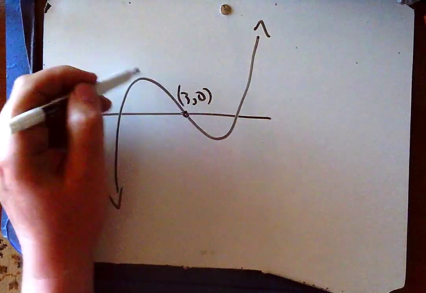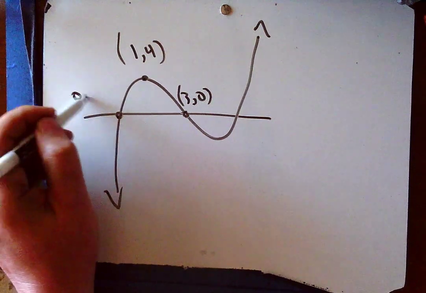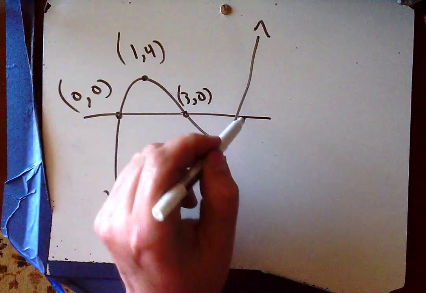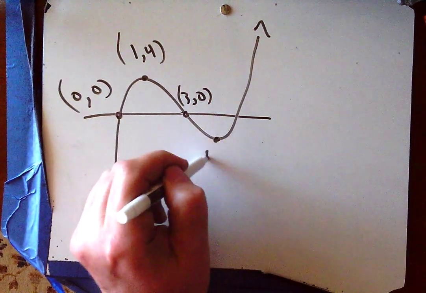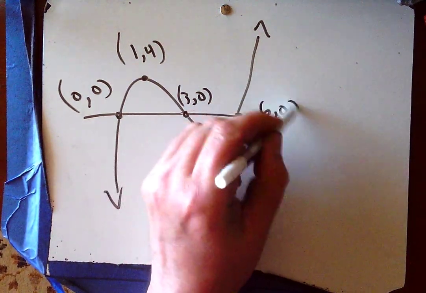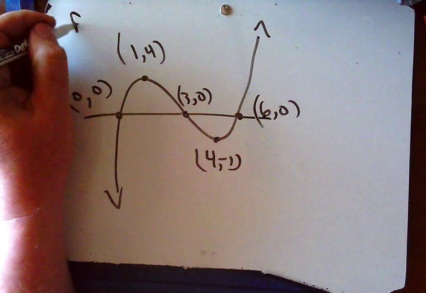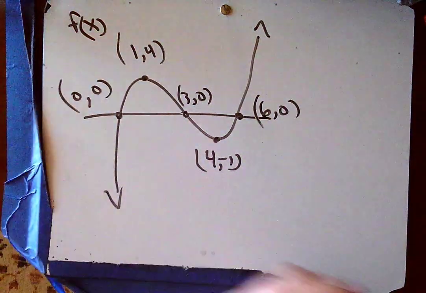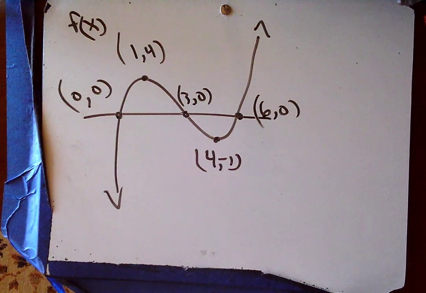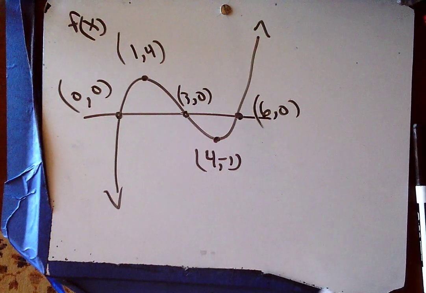Here's 0, 1, 4, 0, 0, 4, negative 1, and 6, 0. Okay, so here's f of x. And will you please tell me where f of x is increasing? Let's start with that.